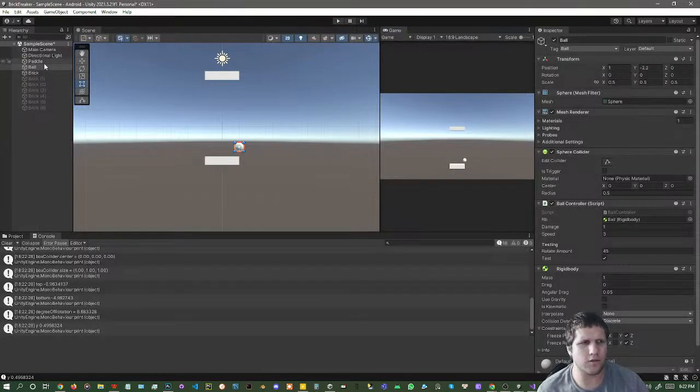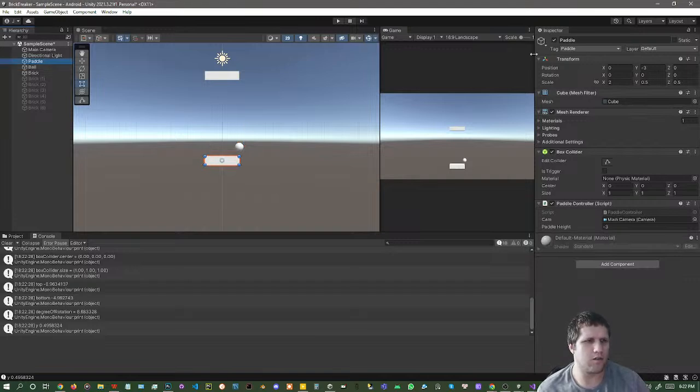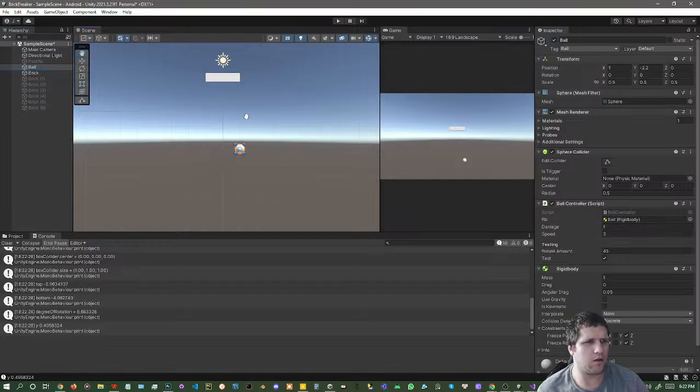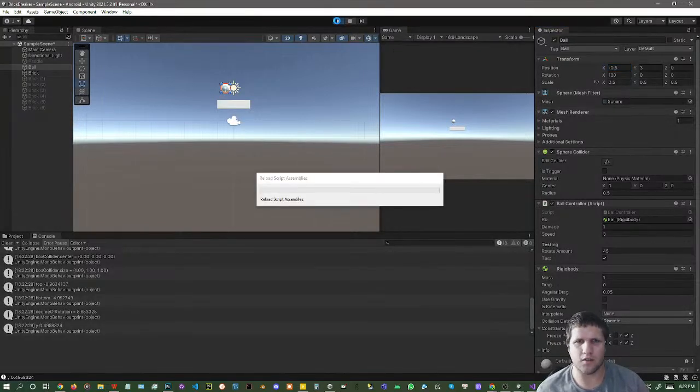Okay, that was interesting. So we saw it go the wrong direction when it hit the paddle. Huh. Well, what if I have it at 180, I have it at 3, and I have it at -0.5, and I press play.